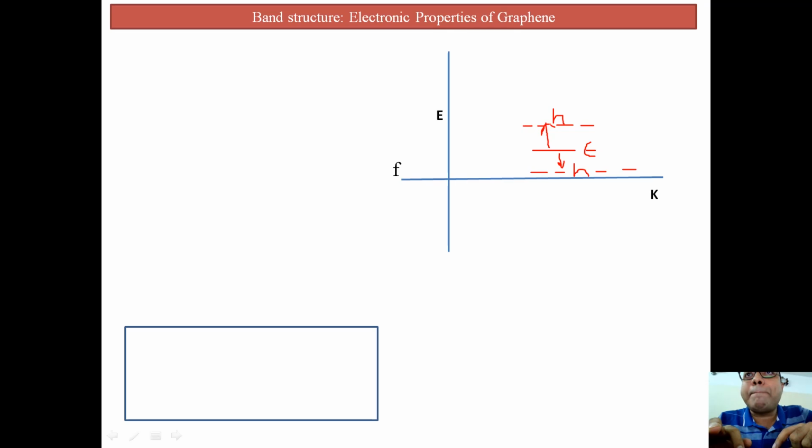If you add plus H, you will go up by this much, or if you add minus H, you will be very close to F.